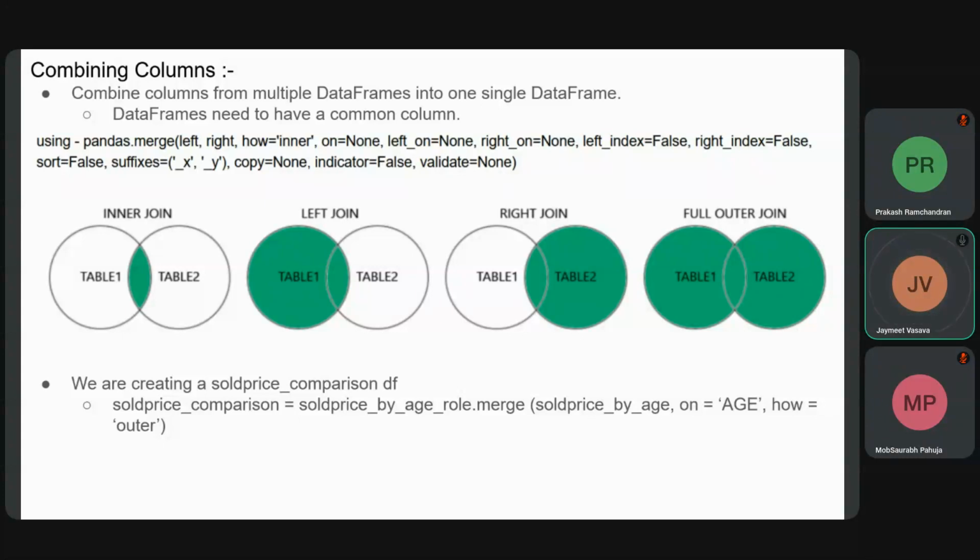On what will we be merging? We'll be merging on the column which is common to both sold price by age role and sold price by age. So we'll be merging on the age column, and how? We'll be merging on the outer join, so we'll be merging all of them.